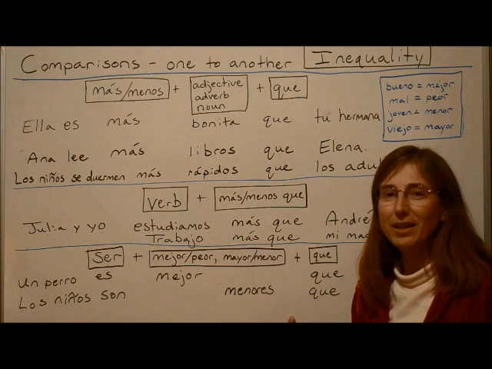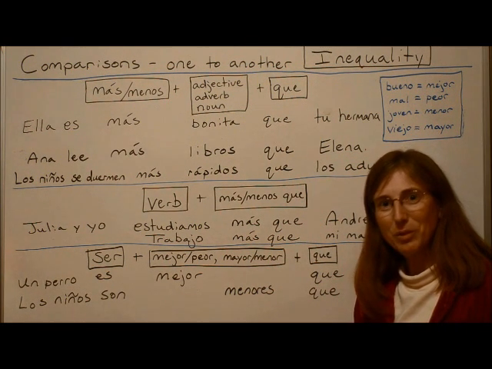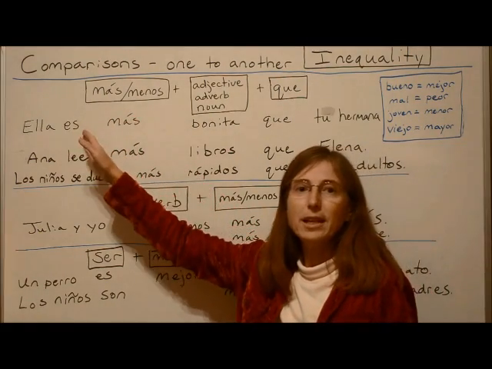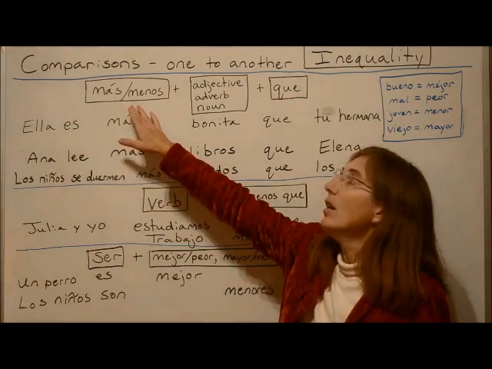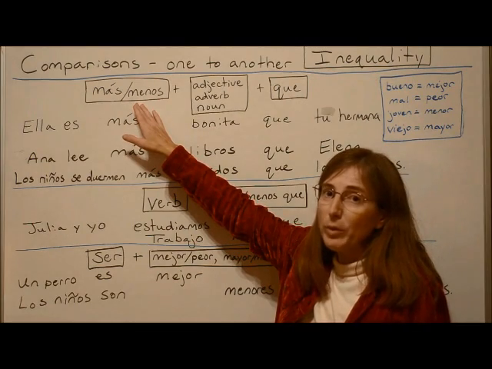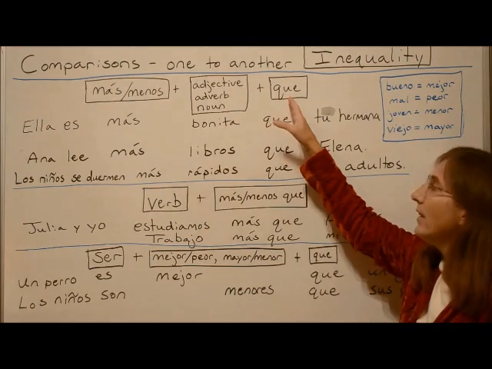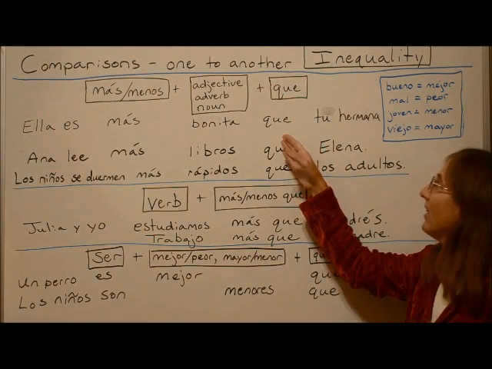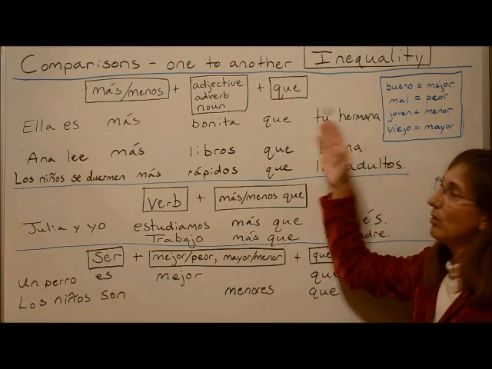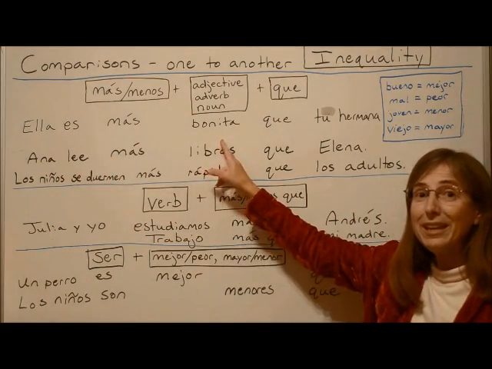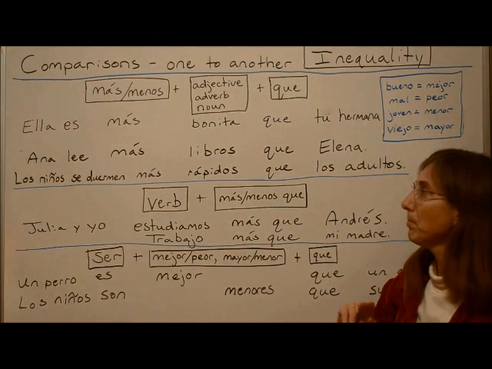In English we would say she is prettier than your sister, but in Spanish we have to say more pretty. So we're going to have the structure ella es, and then we're going to say more or less, más o menos, our adjective pretty, and then que for than, and then your sister. So ella es más bonita que tu hermana.